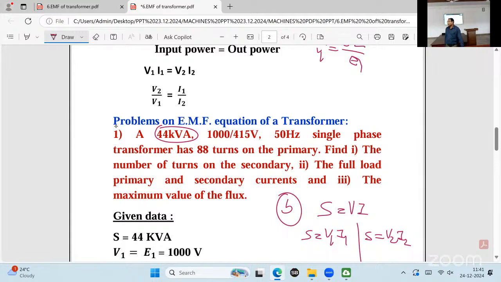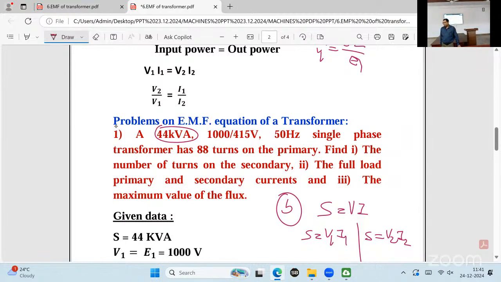E1 is the RMS value. On the secondary side, the E2 formula is 4.44 F into N2 into phi m volts. E2 is the mutually induced EMF in RMS.